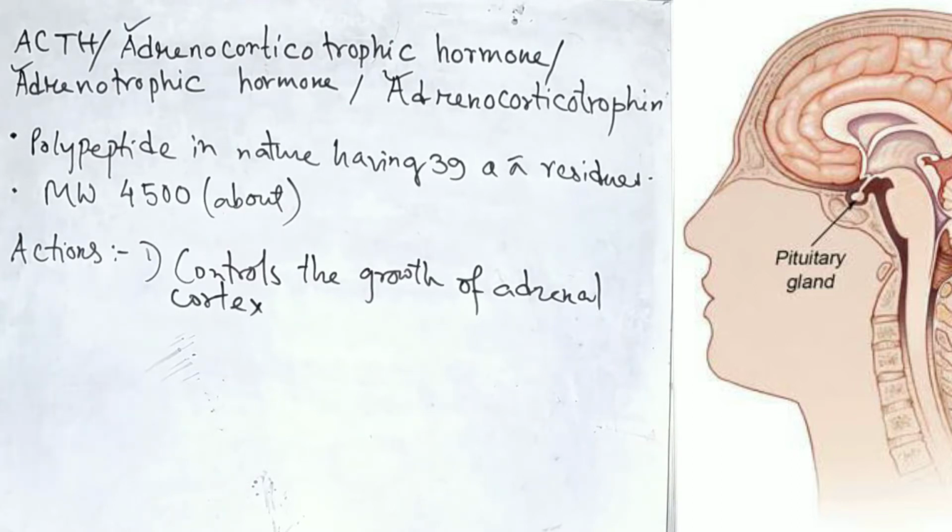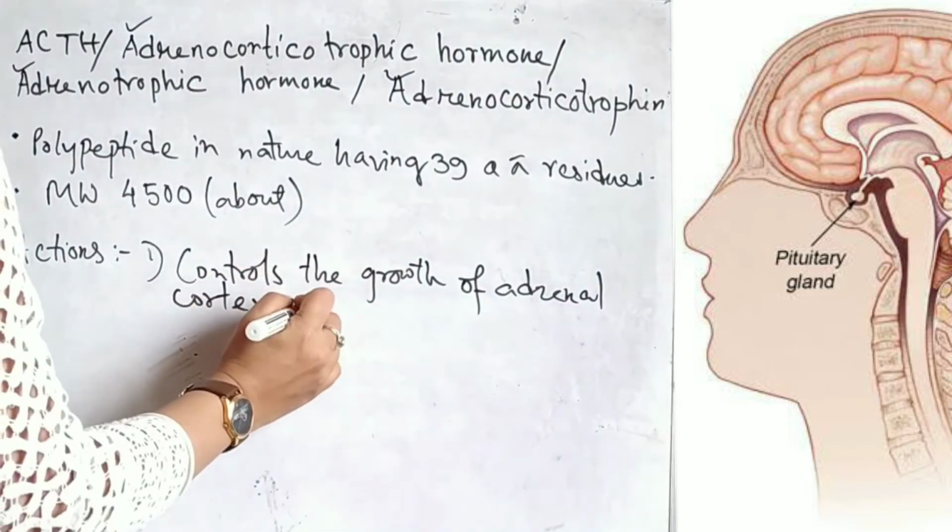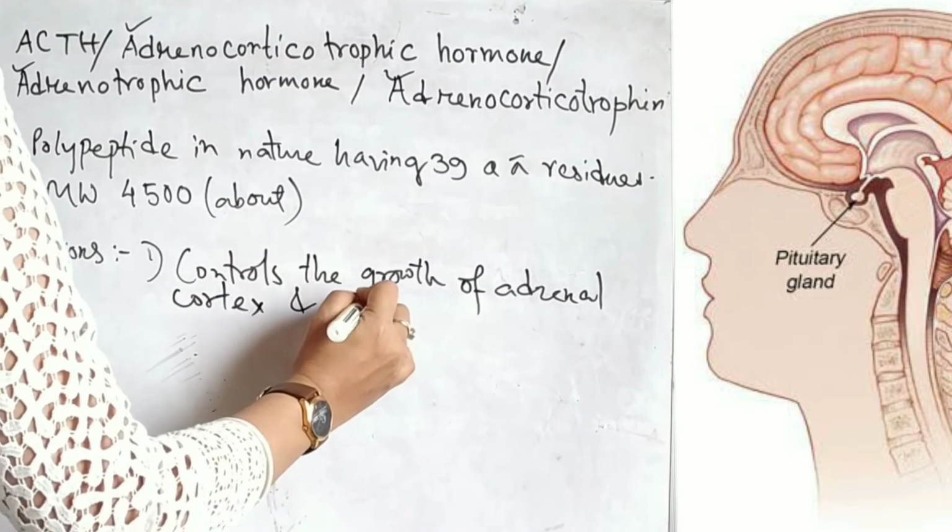The adrenal gland has the cortex part and the medulla part. The ACTH controls the adrenal cortex and the synthesis of cortisol. This is the major function.